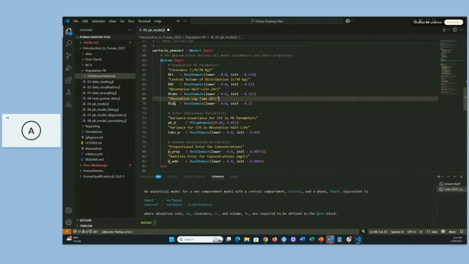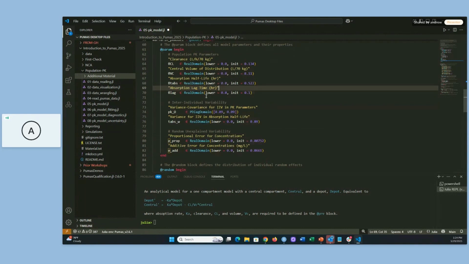We also do include a lag component, which I'll touch on. I'll show you a version of that within our dose control block. We define that random variability, so those IIV, so our omega for the PKs. In this case, we're basing it off of a diagonal. We're not looking at the covariances that are occurring.